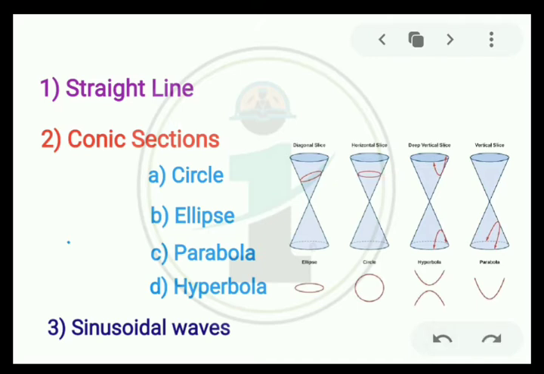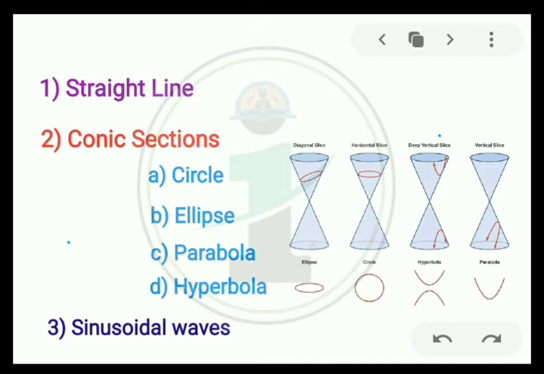If you cut the conic in completely vertical sense, then you will obtain a hyperbola. And if you cut the conic in some tilted manner, like this, you will obtain a parabola. So these are the types which we'll be talking of.